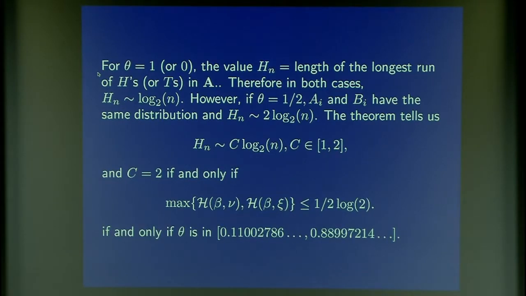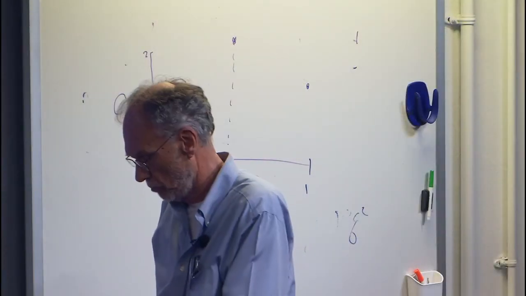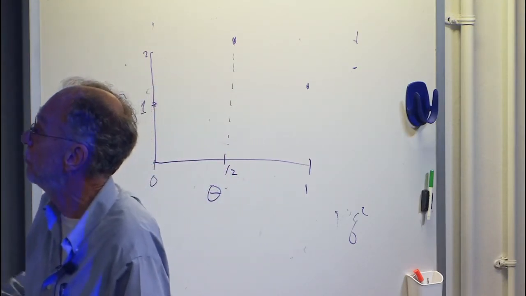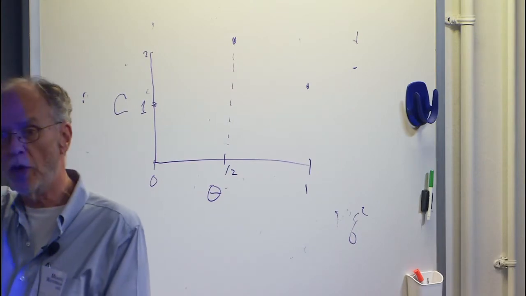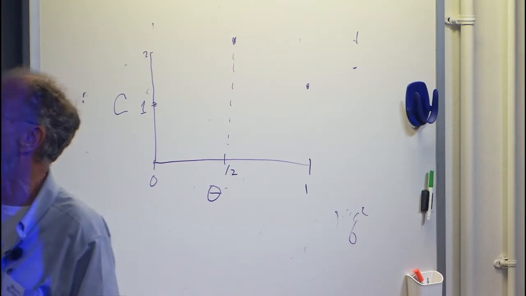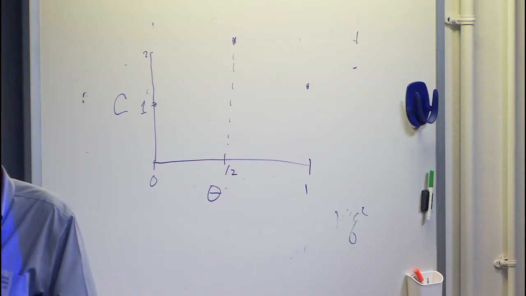That was the first limit law, right? I hope I'm making sense here, that if theta is 0, then the B sequence is all tails, so the longest matching with the A is the longest run of tails.